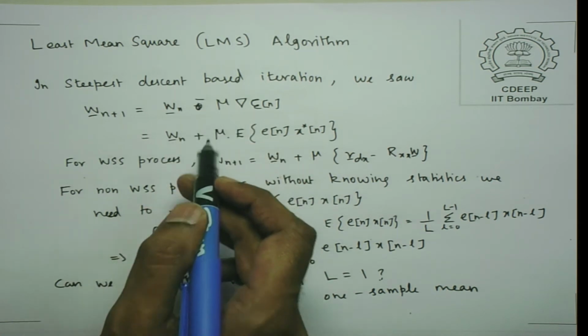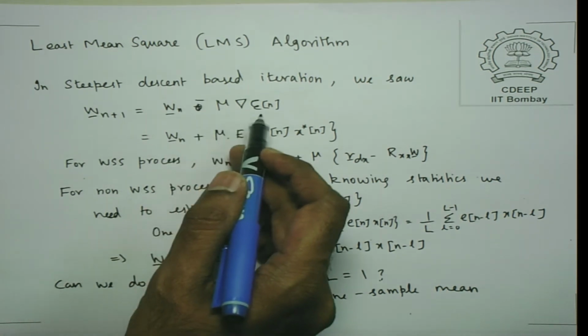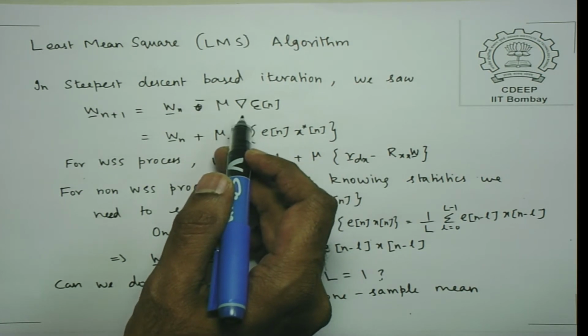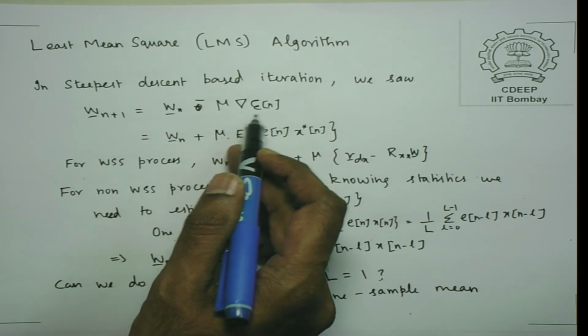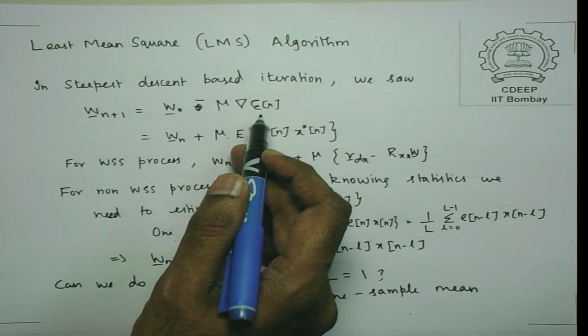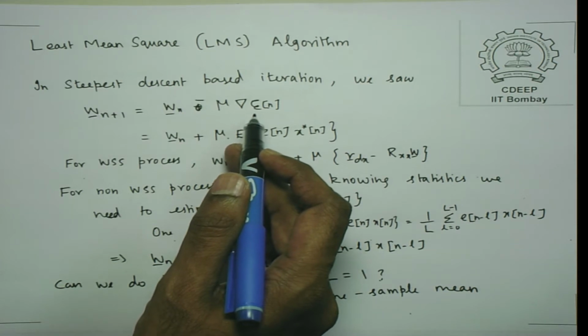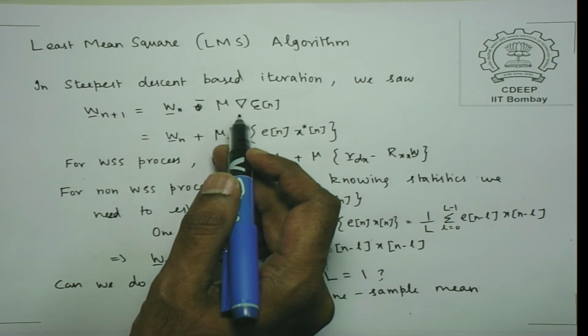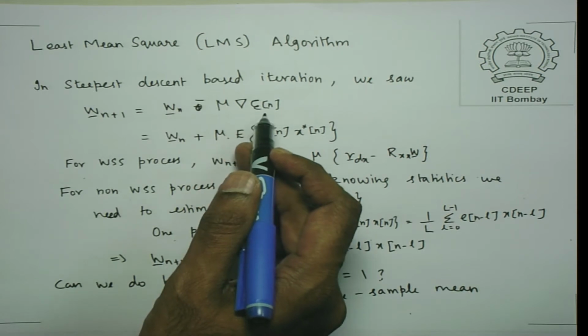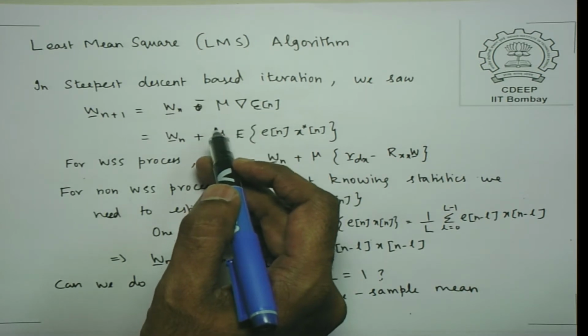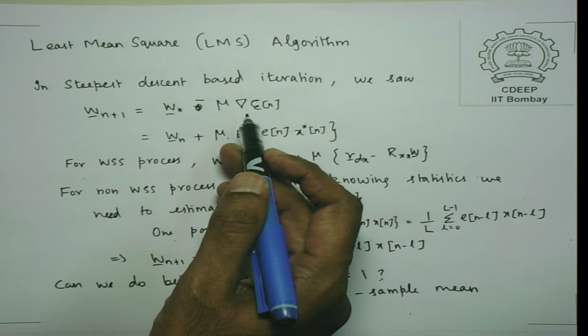I strongly recommend that you go look at how this gradient was derived in the earlier module. This happens very often in the adaptive filtering setup, where you always have an error function and we are interested in obtaining a gradient. If you change the error function, the gradient will change and accordingly updates can change, but this is important to know as a tool.